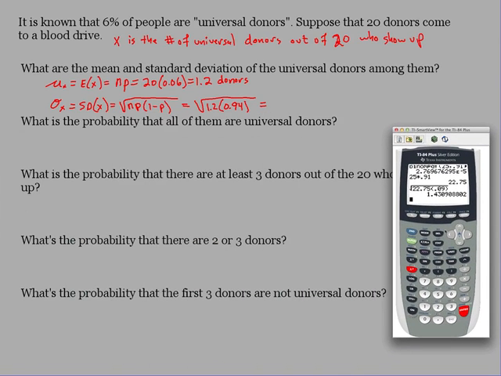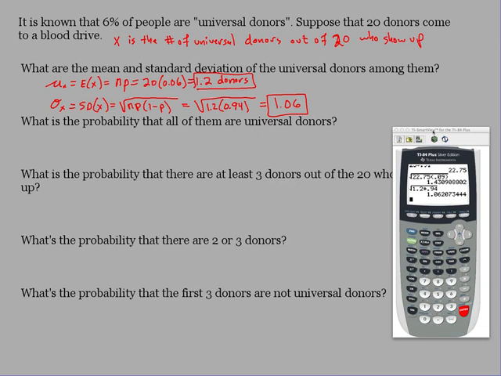Okay, so the standard deviation is the square root of 1.2 times 0.94, which would be 1.06. So that's the mean, and that's the standard deviation.